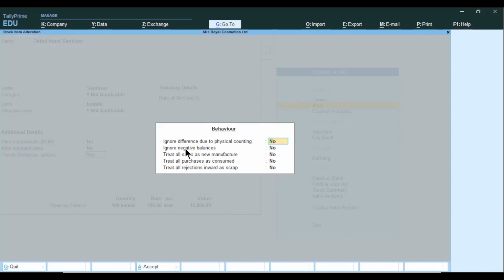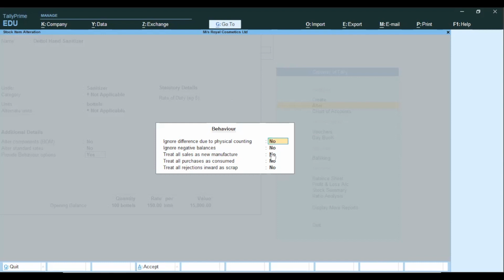If you want to ignore the negative balances, even if there is no stock and you want to issue a sales invoice, it can be possible by allowing this option.